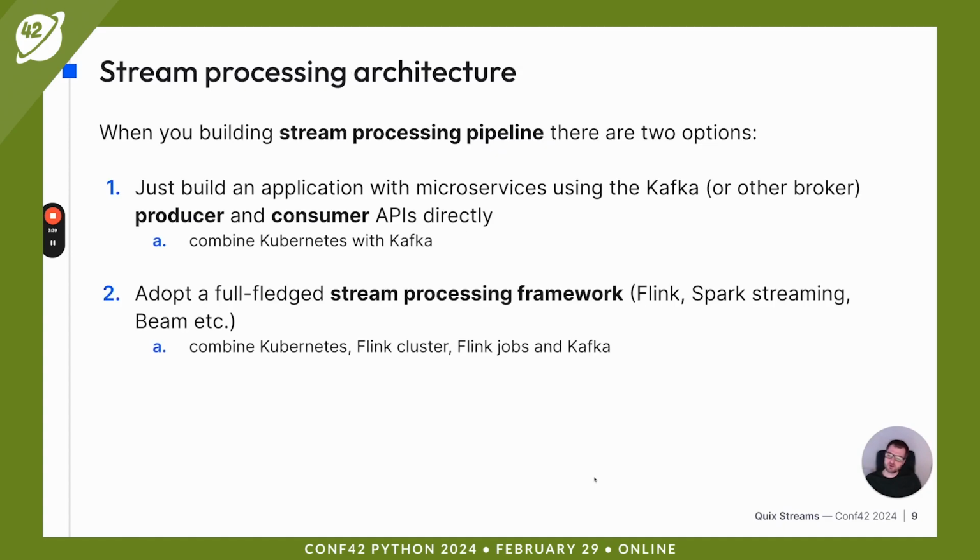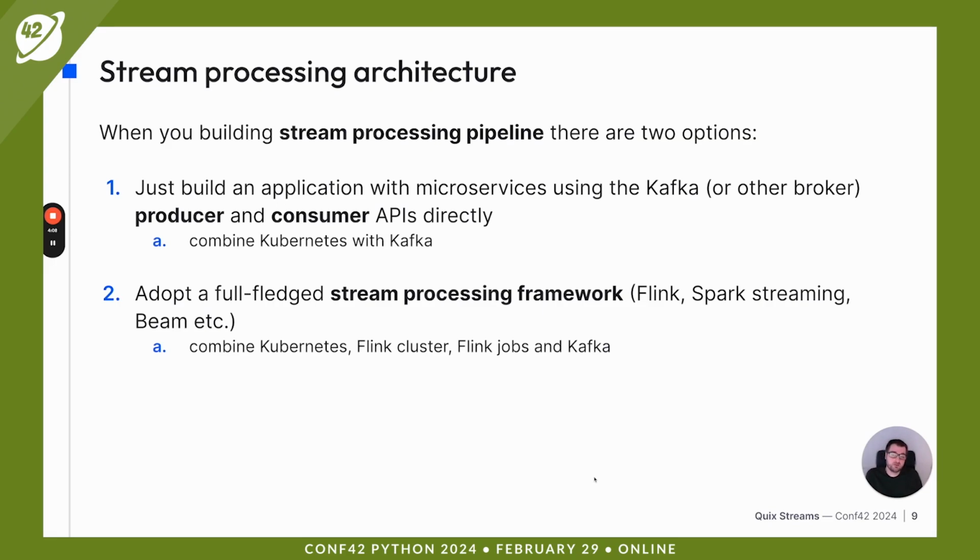Now, with stream processing, you have basically two different architectures to choose from at the beginning. The one is to use client libraries from the broker of your choice. If you use Kafka, there are many different libraries, for example the Confluent-maintained library, which is really up to date, and you will get all the latest features there.